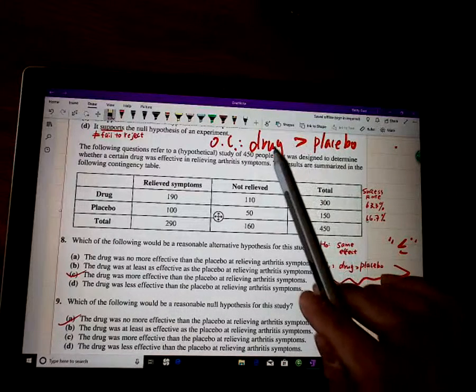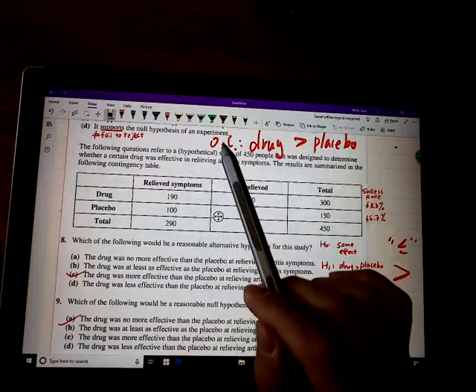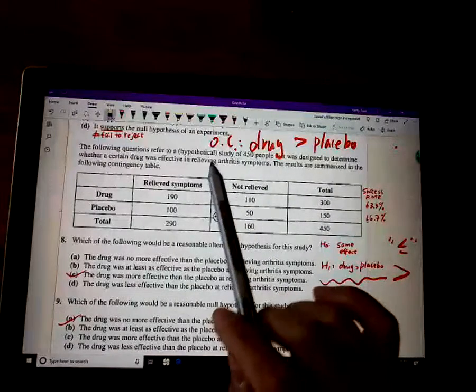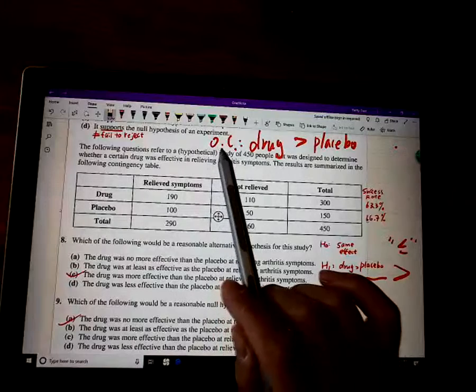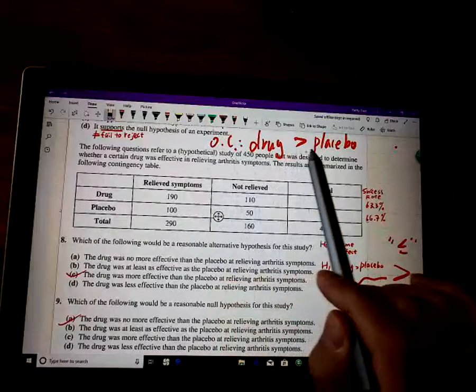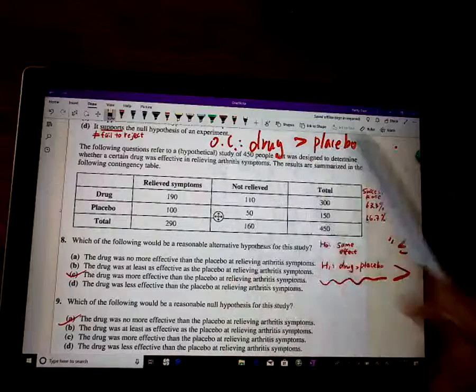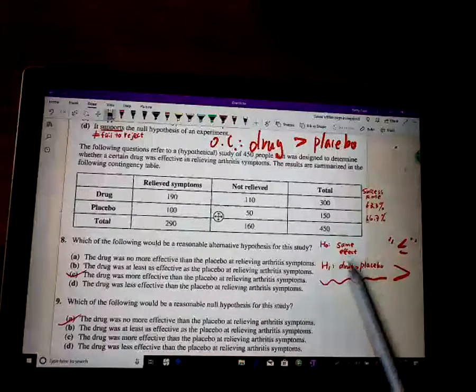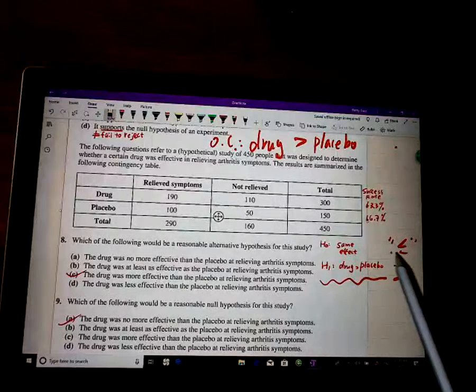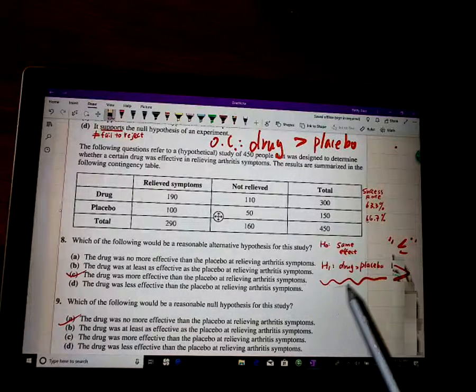So I think it would be reasonable to have the original claim: the drug is more effective than the placebo. So this is the original claim. And then the null would be that they have the same effect. The alternative would be the drug is better than the placebo.